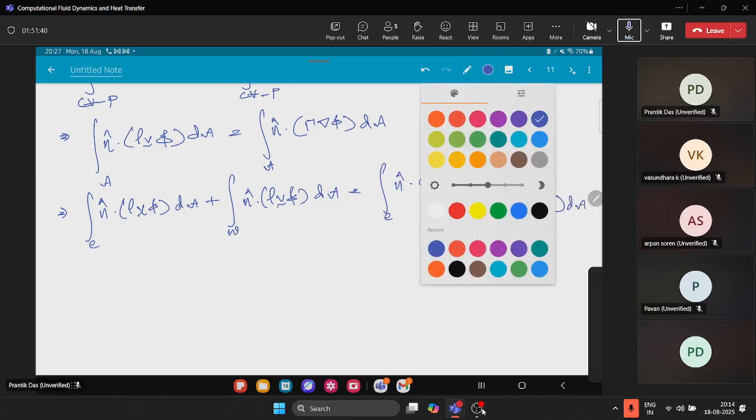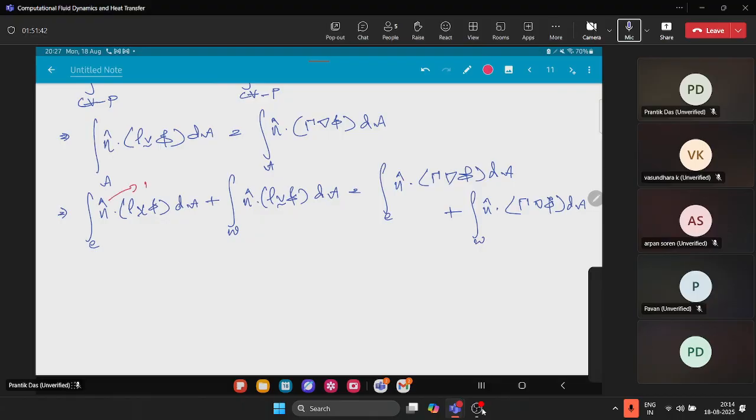Now your n cap will be i cap at east and minus i cap at west. So this will be equal to rho U A phi E, since the V vector is basically U i cap plus 0 j cap plus 0 k cap.